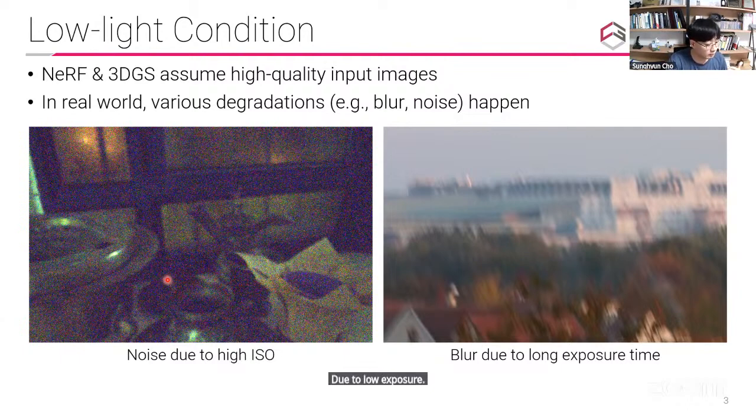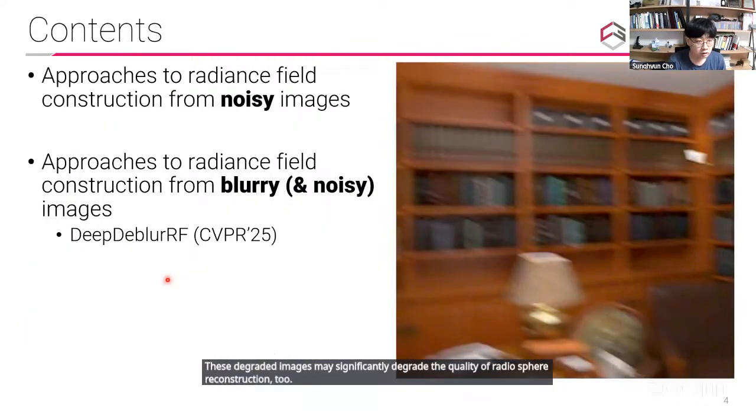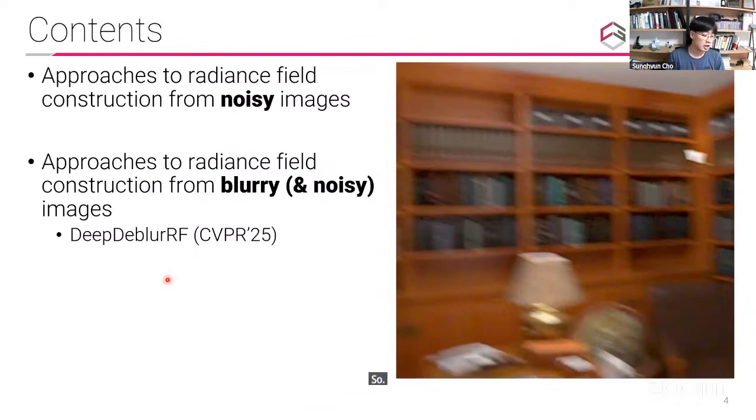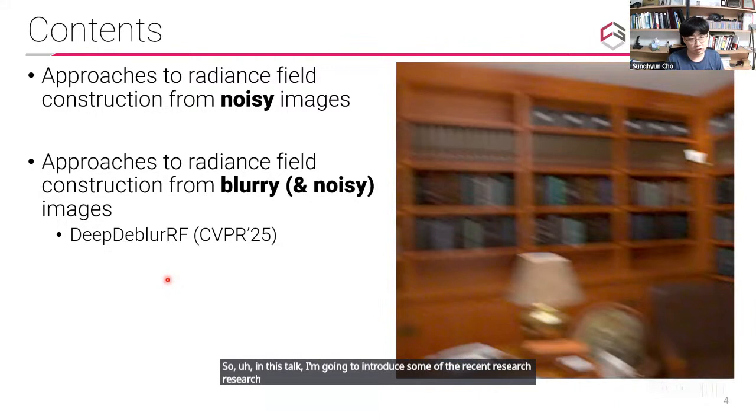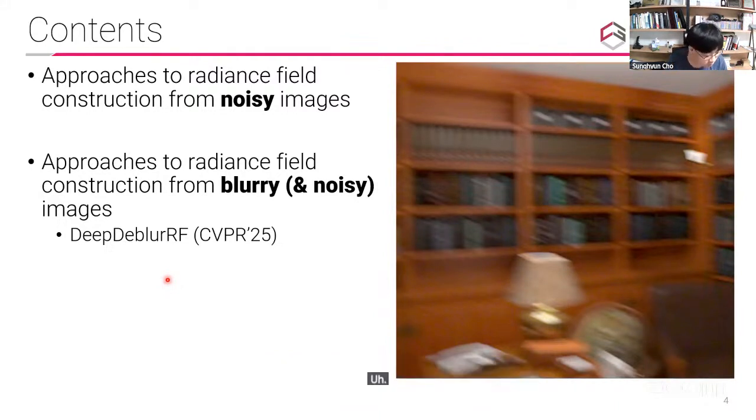And these degraded images may significantly degrade the quality of radiance field reconstruction too. So in this talk, I'm going to introduce some of the recent research to handle such degraded images in radiance field reconstruction.